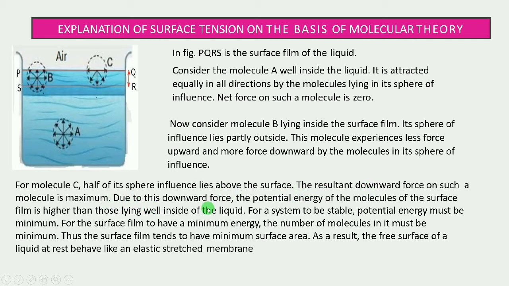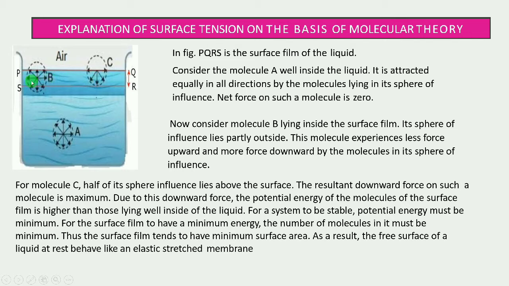Next, the resultant downward force acting on such molecules will be maximum, that is, for the molecules on the free surface of the liquid and just below the free surface. Due to this downward force, the potential energy of the molecules of the surface film will be higher, right? So the potential energy of these two molecules, B and C, will be higher as compared to A, because A is at less height, so its potential energy will be less.